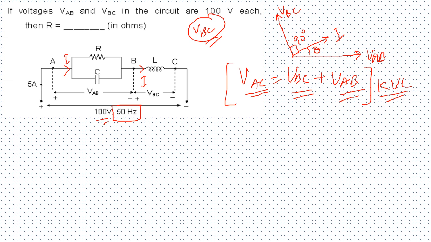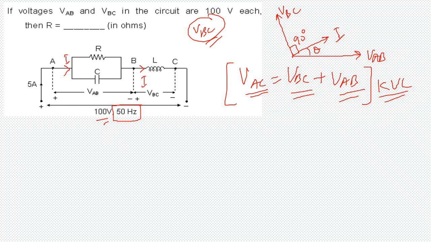Now you know that when two vectors are displaced by some angle, the resultant value is given by a formula. Here the angle between VAB and VBC is 90 plus theta degrees. So what will be the resultant voltage?